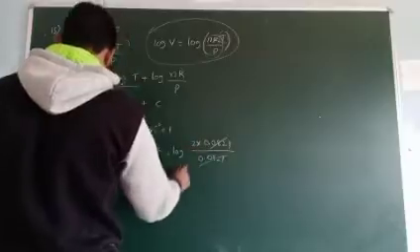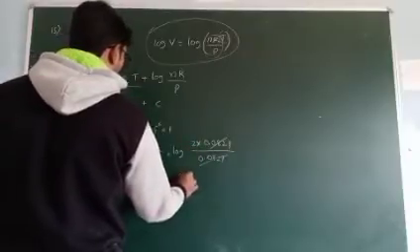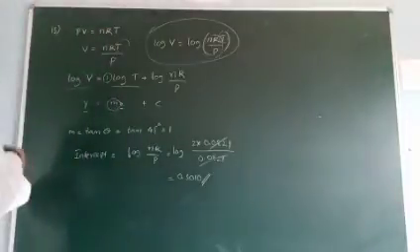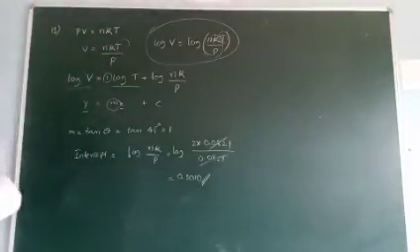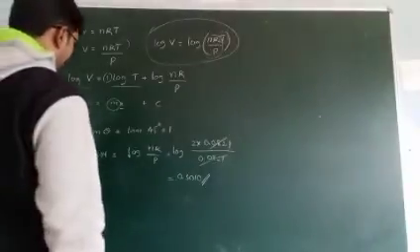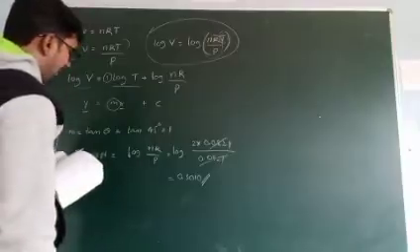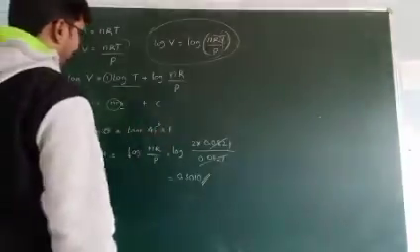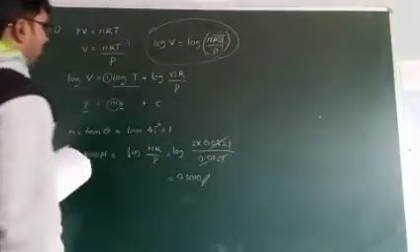These two are cancelled, log 2. What is the log 2 value? 0.3010. This is the intercept. So the answer is C, 2 and 4. Why? Because the curve is a straight line with slope 1 and intercept value 0.3010.